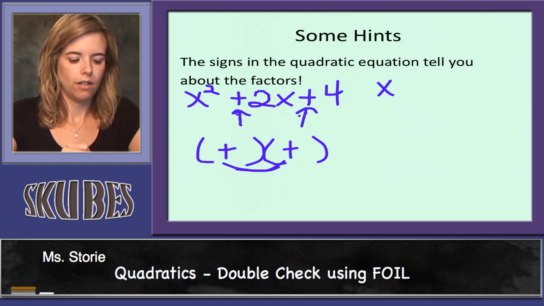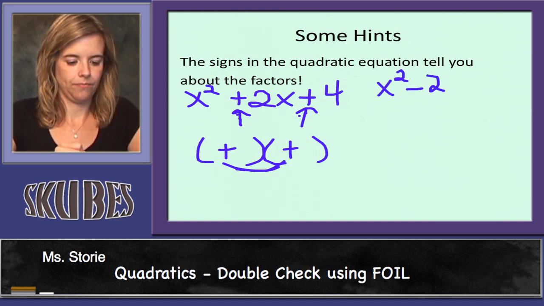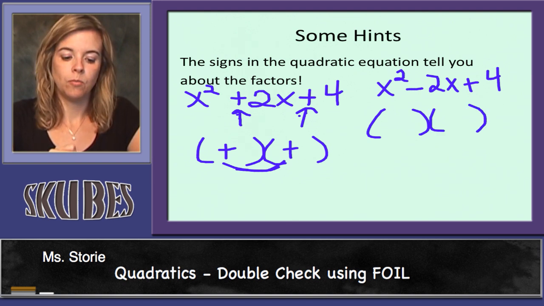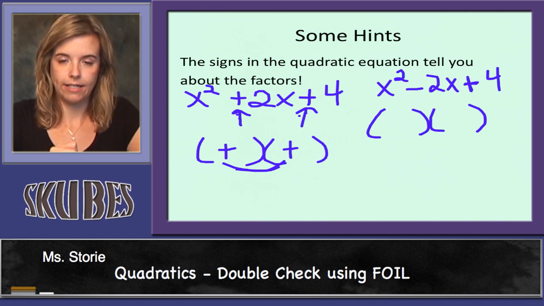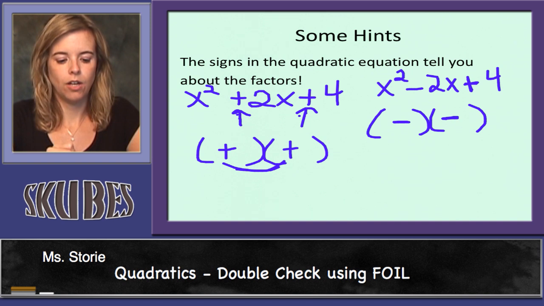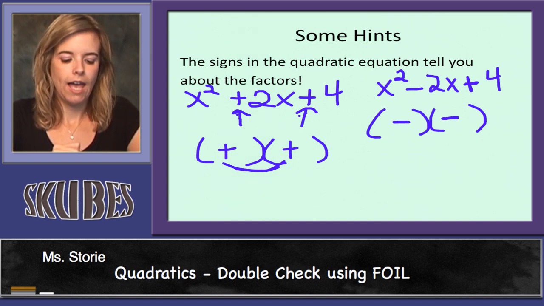What if you had a negative there and a positive there? Again, these are going to clue you in. When you're trying to figure out your factors, what numbers can you multiply? What kind of numbers can you multiply that create a positive, but added together are negatives? If I multiply a negative times a negative, won't that give me a positive? And your inside and your outside terms, you combine them by adding.